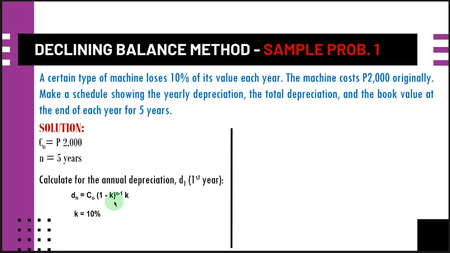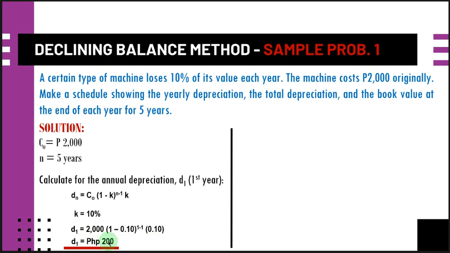Since we need to determine our k to get the value of our D1, k is just 10%, which is referring to this 10% here in this problem. So therefore, our D1 is just equal to 2,000 times this quantity 1 minus k, here our k is 0.1, raised to the n minus 1. Our n during the first year is 1, so that's why 1 minus 1 times this k of 0.1. So we can get the value of our D1 equal to 200 pesos.